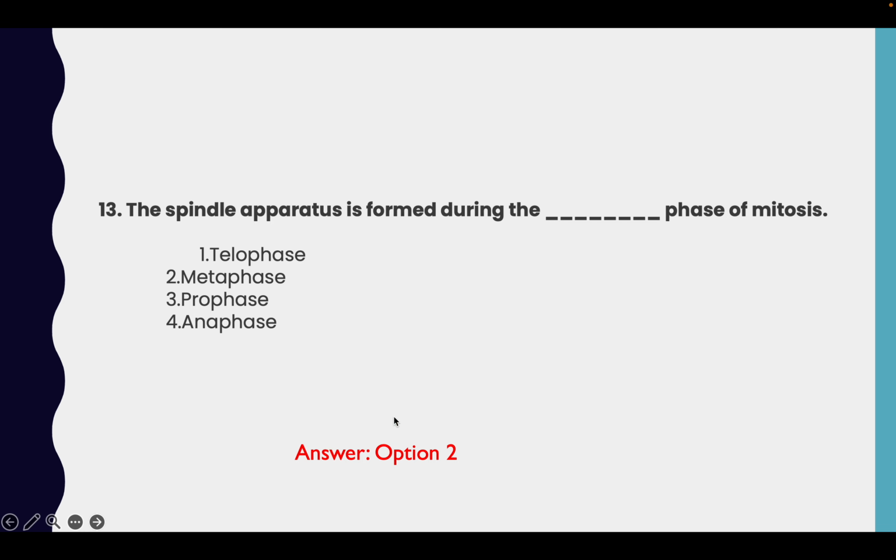But here both are shown, so its formation is mainly in the prophase. You have to tick prophase, because in this phase the mitotic spindle begins to assemble as microtubules extend from the centrosomes, which start moving to opposite cell poles. In metaphase they start to align there, but formation of the spindle apparatus happens in prophase.